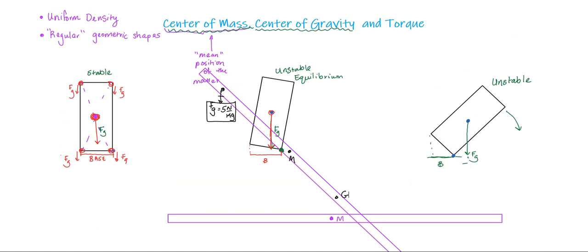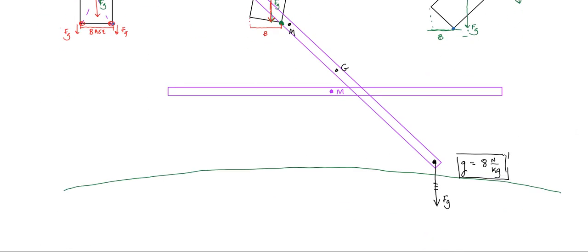Now, let's think of an example that would be even more extreme than this. Let's say that this is the edge of a black hole, the event horizon, and you have a person here, who is really large proportionately in the picture.